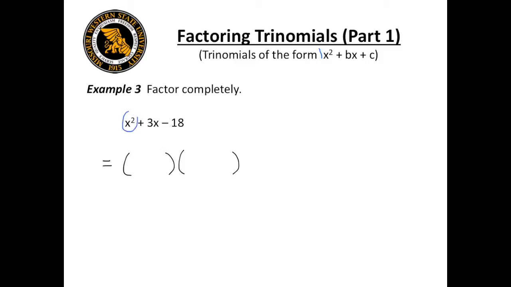The factors of x squared, as in the previous example, go in the front of each binomial, so each binomial begins with an x. The factors of negative 18 go in the back of each binomial. Since this number is negative, the factors that we place into our binomials will have opposite signs.